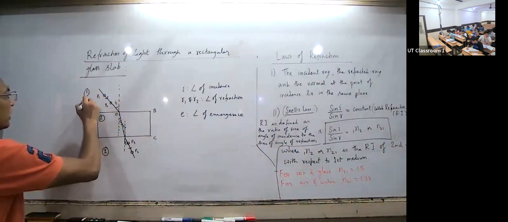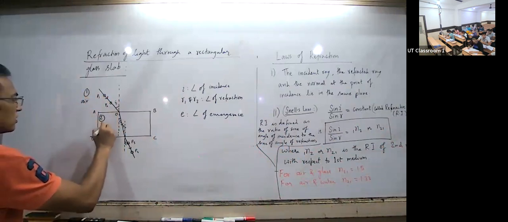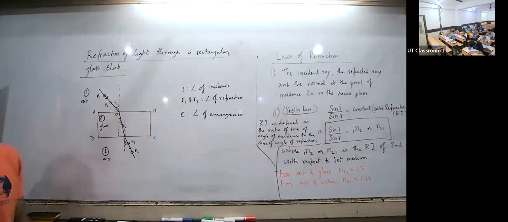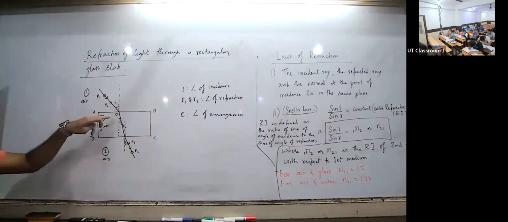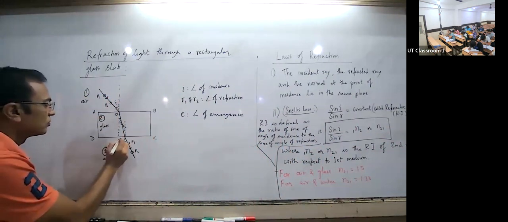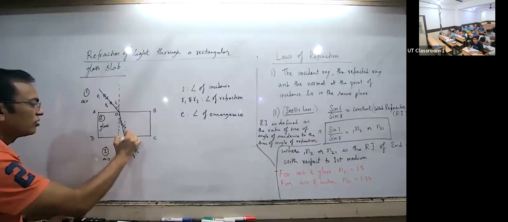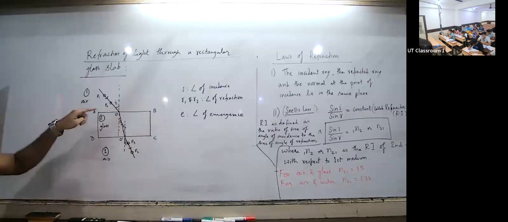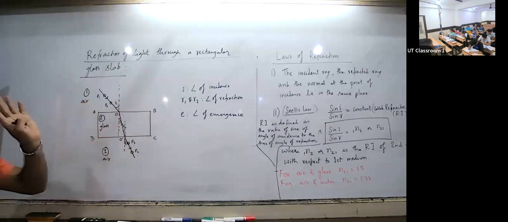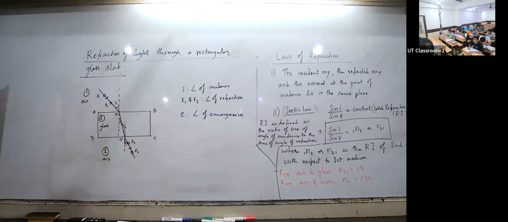So 1 is air, this is glass, and this is air again. So refraction is taking place at O and at O dash. Two points of incidence, right? One is air to glass, second is glass to air. So what do you observe?